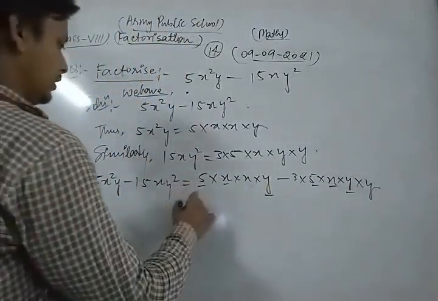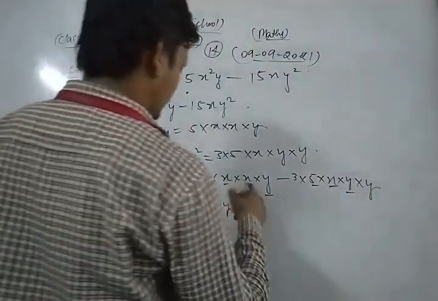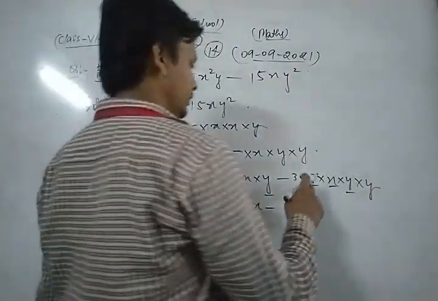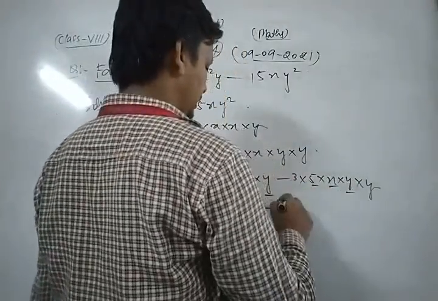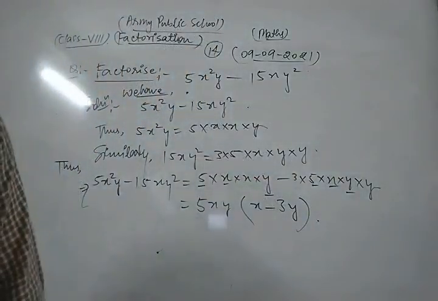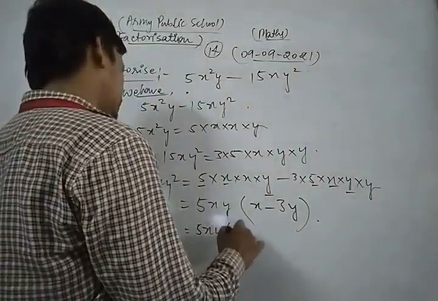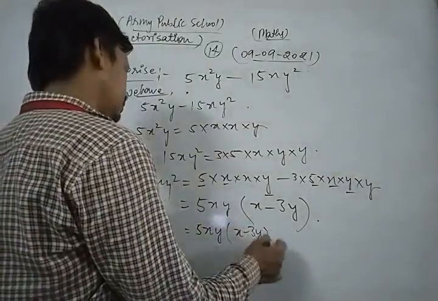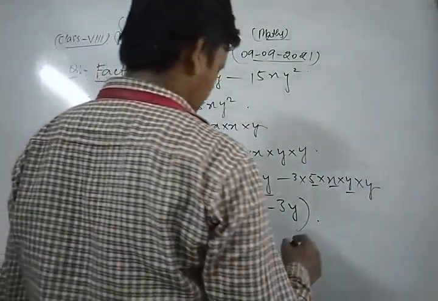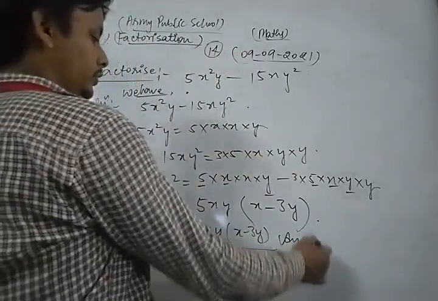So we take 5xy as common, so we get x minus 3y. Thus the required solution is 5xy in bracket x minus 3y.